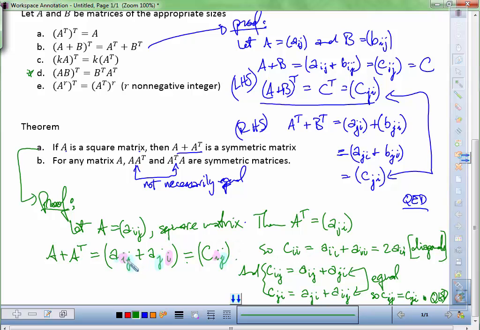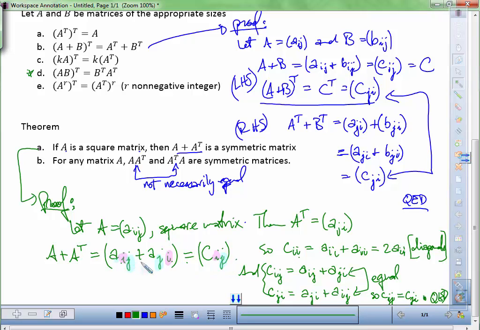The Cii would be the diagonal. So wherever I see an i for the pink highlight, that would be an i, and the j, in this case, changed into an i.